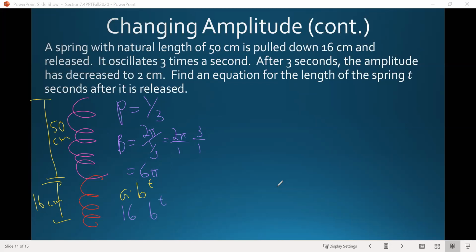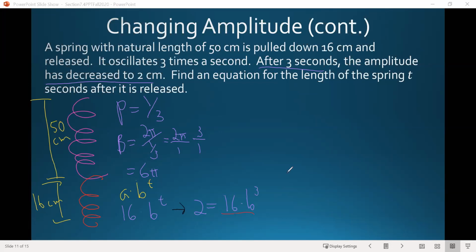They didn't tell us how much it's decreasing over time, but they did tell us that after 3 seconds, the amplitude has decreased to 2 centimeters. So we can use that information to set up an equation where the amplitude of the spring after 3 seconds, 2 centimeters, will equal 16 times b cubed.